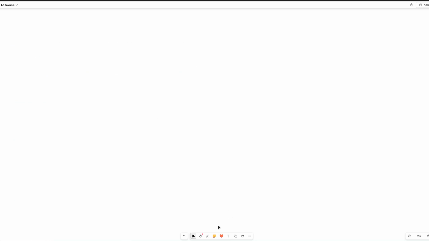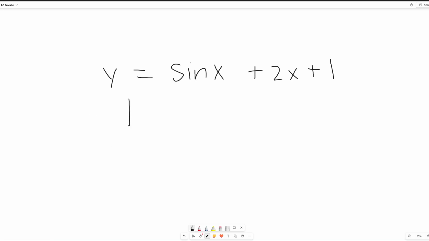This can get much more complicated though, and I'm going to show you how to do it with a more complicated function. So let's take sine of x plus 2x plus 1. So if I told you find the inverse derivative at 1, let's try it. 1 over f prime of f inverse of 1.